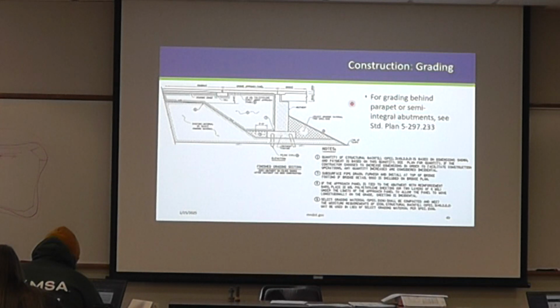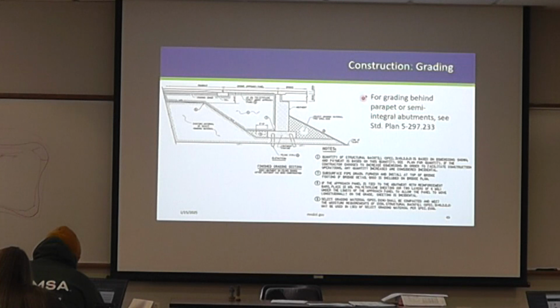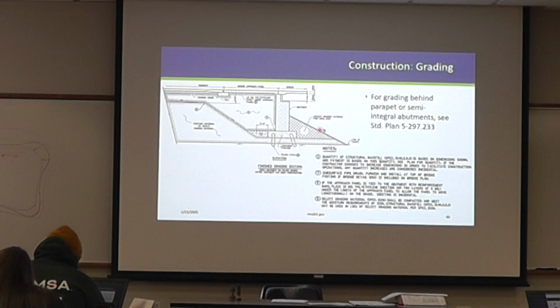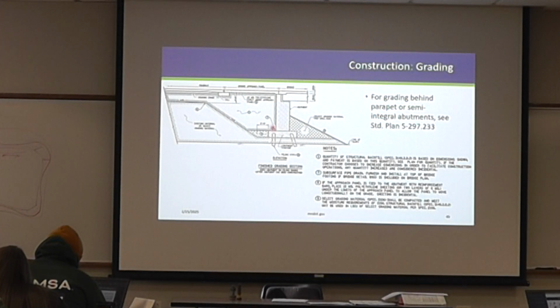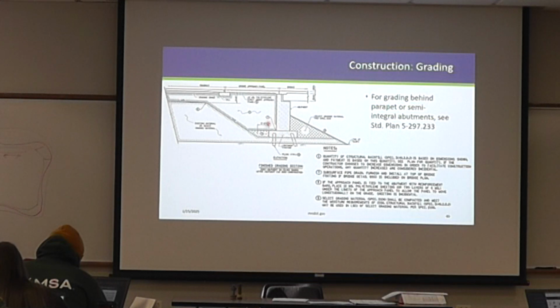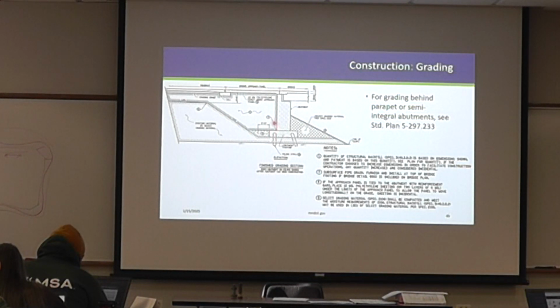So grading, and I know I'm a little bit tight on time, so I'll try to keep going here. If you go to the 233 sheet, there should be some grading details for behind parapet or semi-underground abutments. I will note, the bridge plans typically have this drainage B910 detail. Just make sure that that's also provided. We don't want a lot of buildup of water behind our abutments.